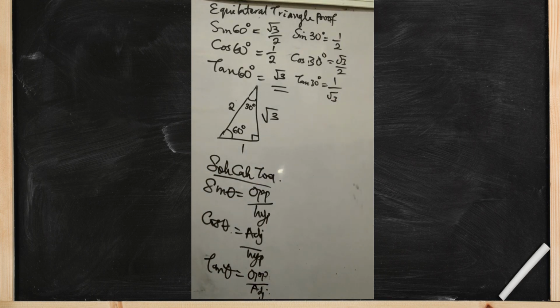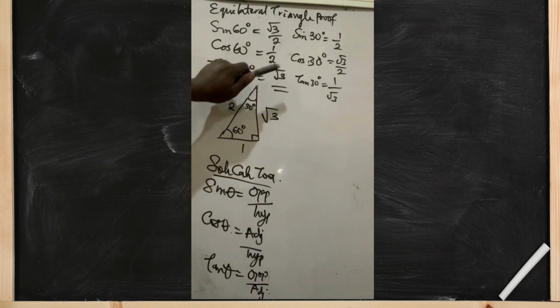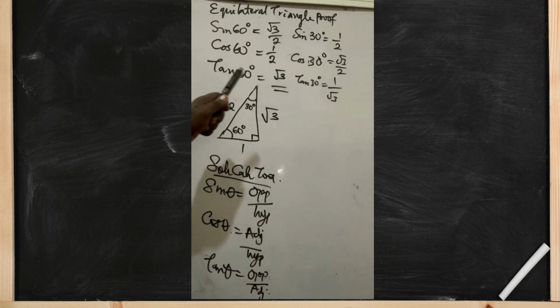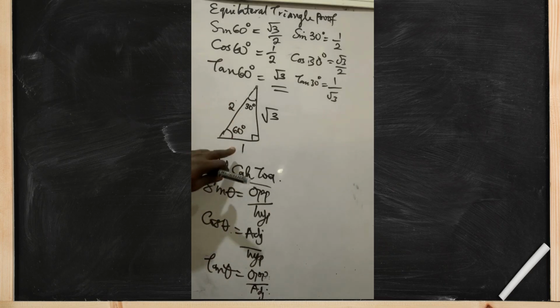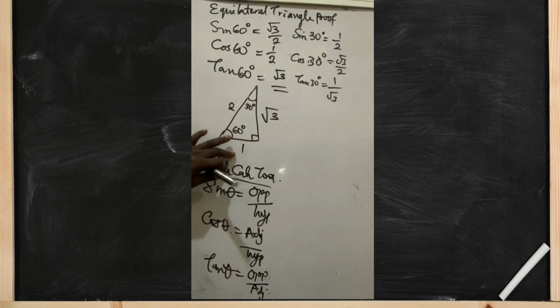So you see the similarity between cos 60 and sine 30, sine 60 and cos 30, that they have the same value, though opposites to each other at every interval, while tan 60 is root 3, because that's going to give us opposite over adjacent, while tan 30 is opposite over adjacent, 1 over root 3.